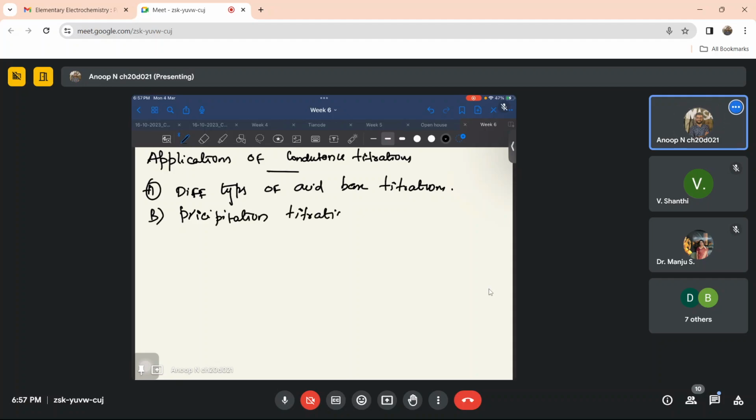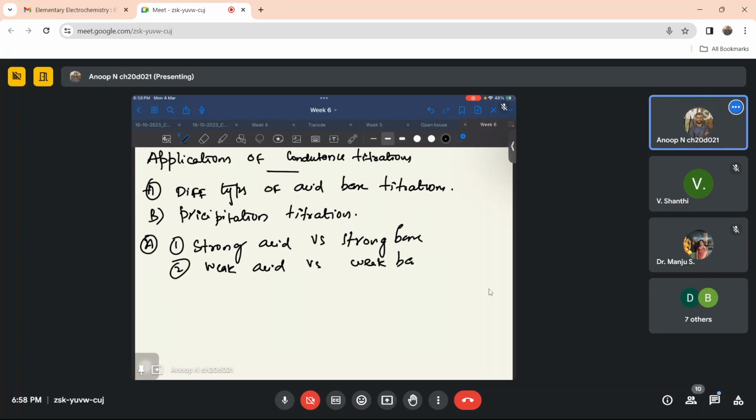In the first case, what all we have seen: first one is strong acid versus strong base. Then second one is weak acid versus strong base. Then the third one was weak acid versus weak base.